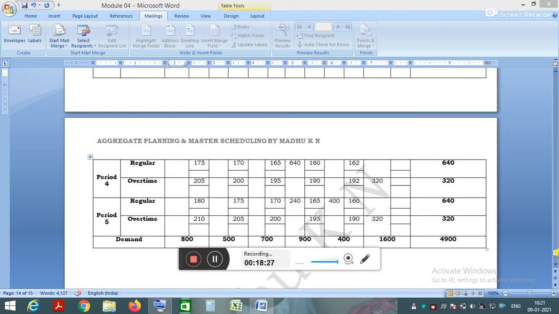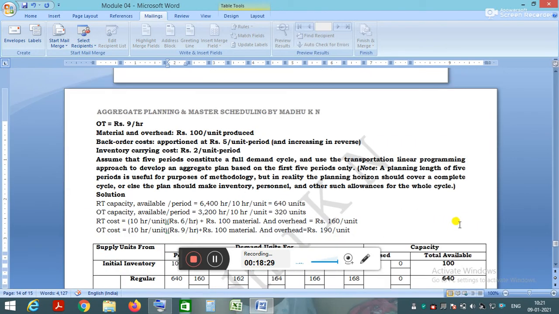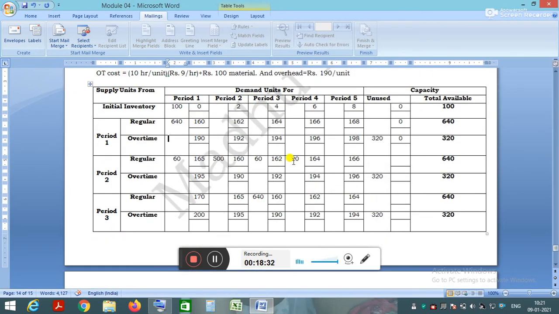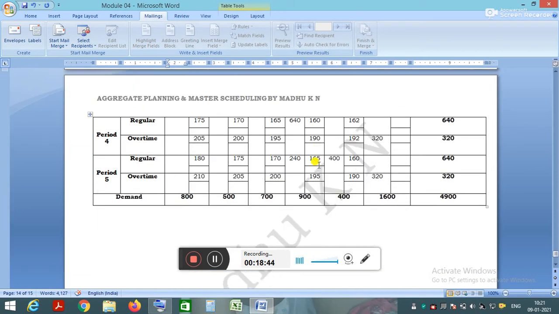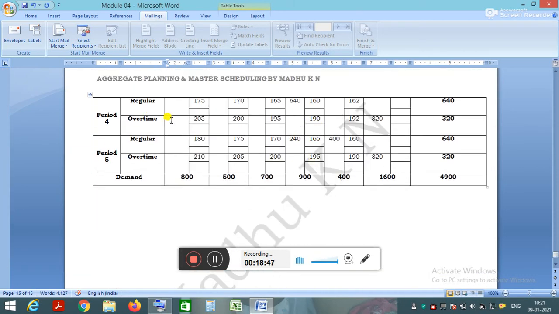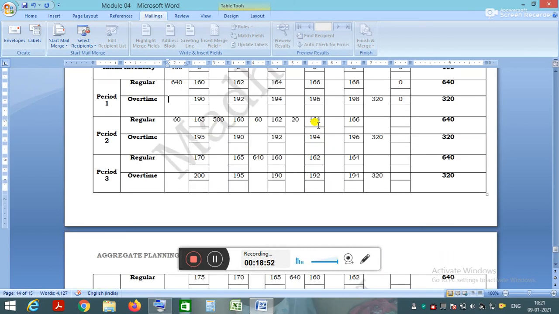But we can see here in period 2 we are still left with 20 products, which we can produce in the regular time of period 2 at a cost of 160 and store for the fourth period, which becomes 164, which is less than the overtime cost of period 4. 164 is less than 190. Therefore, we produce the remaining 20 products in period 2 and store them for period 4. Okay, 640 plus 20 is 660.